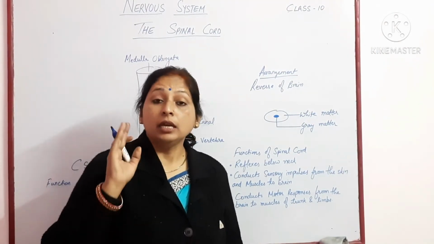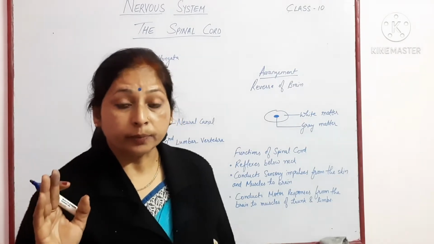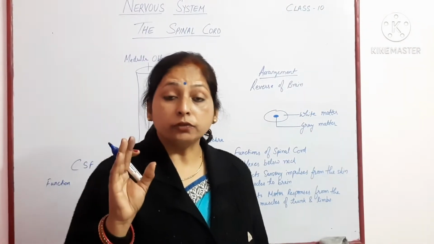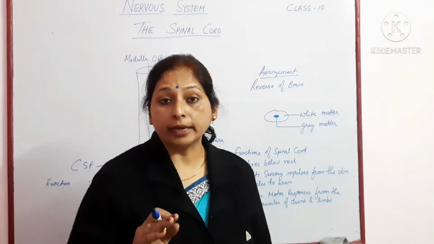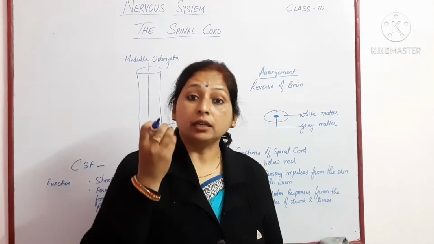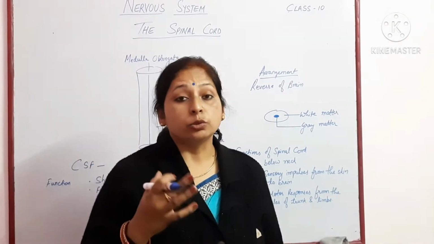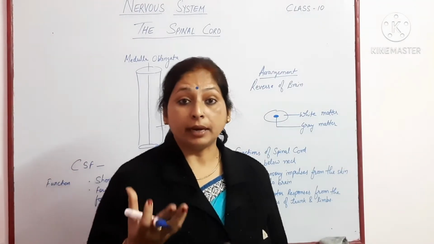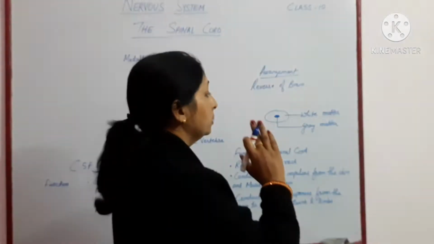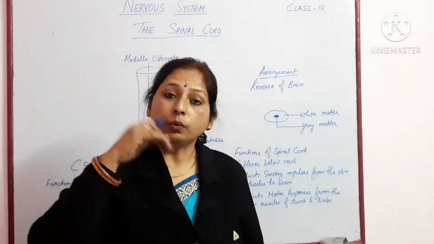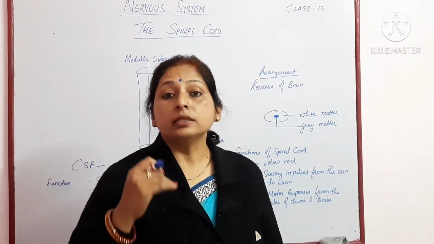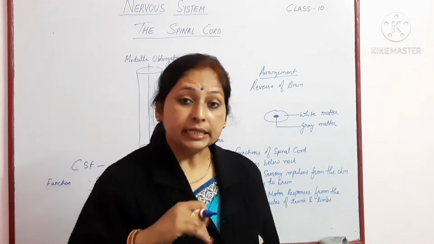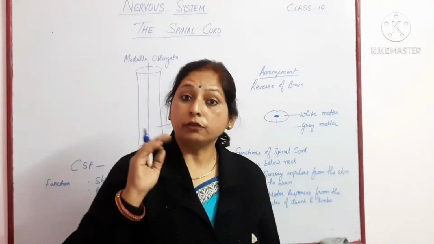Grey matter is for the cell body of the neuron, the area where the cell body of the neuron is located appears grey in color, darker in color. So for that we use the term grey matter. In the brain, grey matter is outside, and white, which is for the axons, the white appearance of the axon, is inside.